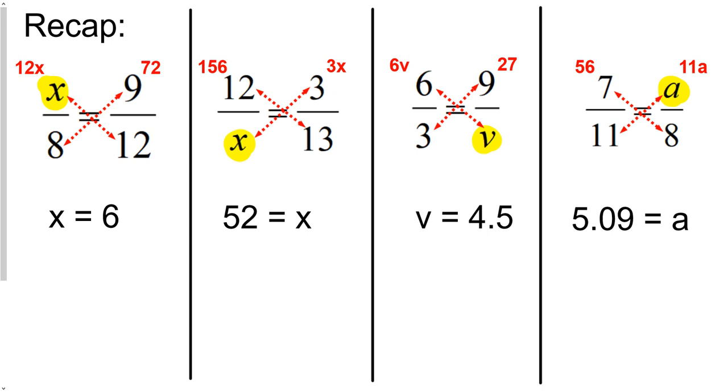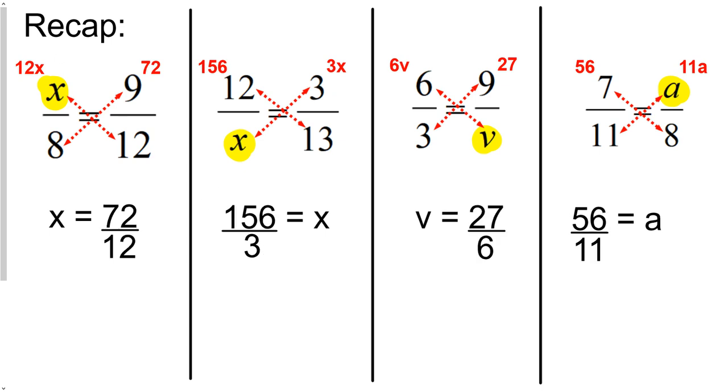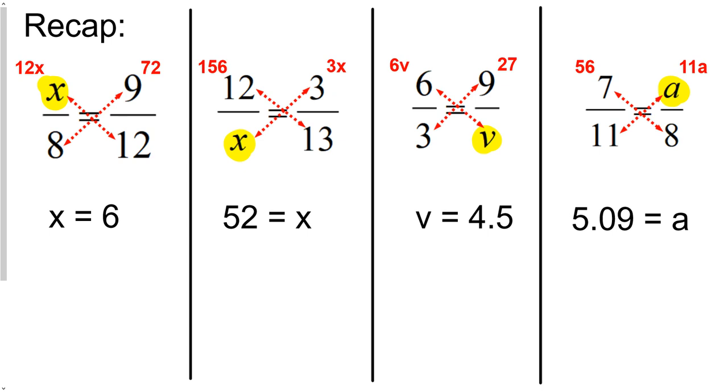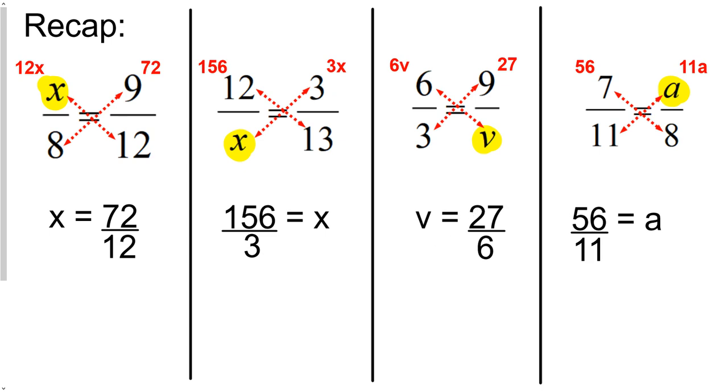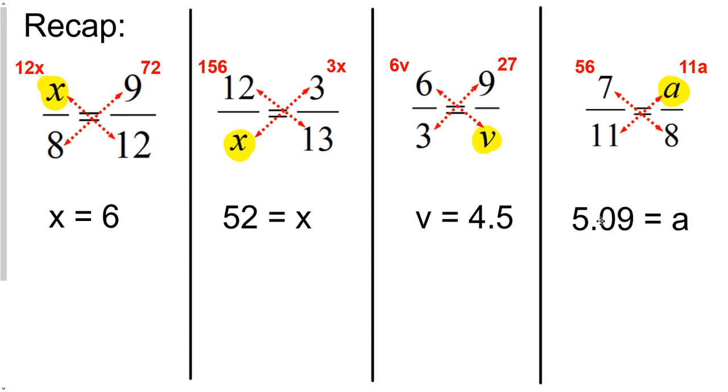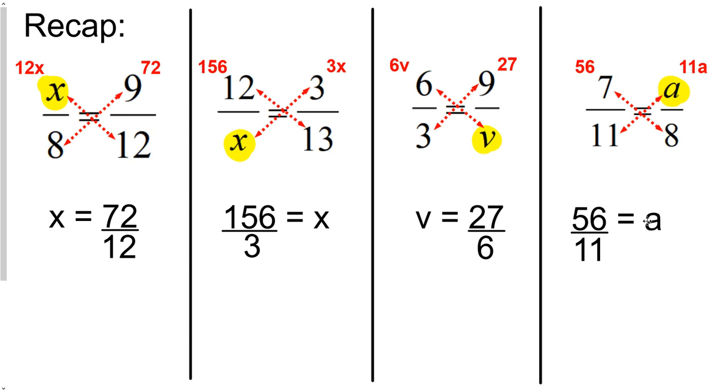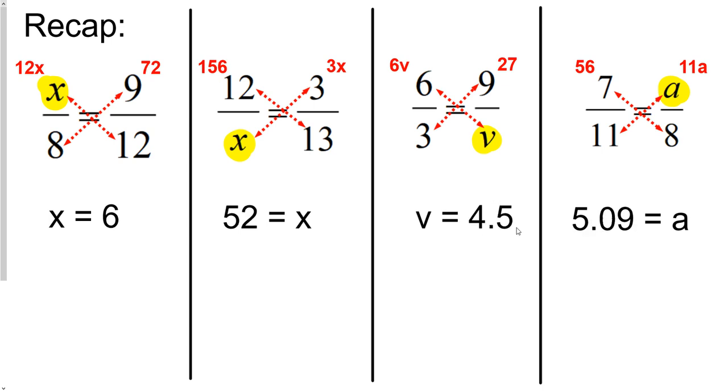So 72 divided by 12 is 6. 156 divided by 3 is 52. 27 divided by 6 is going to become 4.5. And 56 divided by 11 is a really long decimal, so just round it to the second decimal spot.